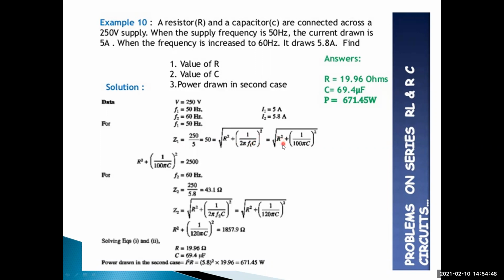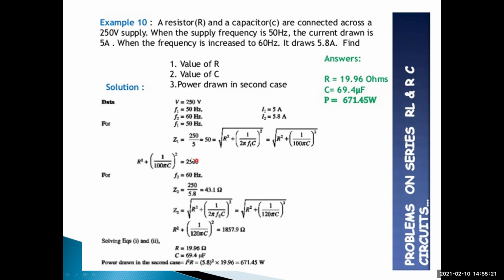Substitute the values of frequency in this equation: root of R square plus the square of 1 by 2 pi f1 C, with f1 is equal to 50 Hz.